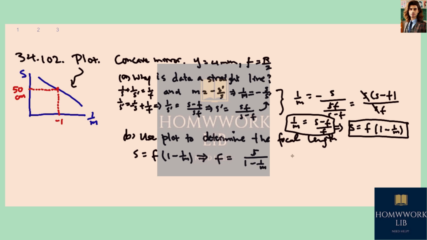And I have an s of 50 centimeters divided by 1 minus 1 over minus 1, which is 50 divided by 2.